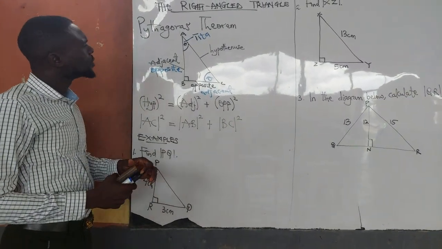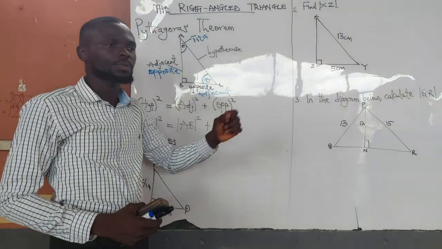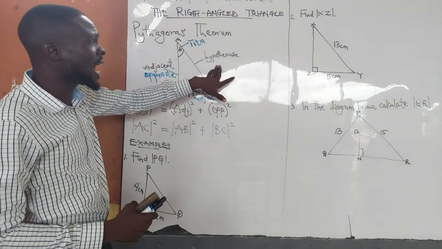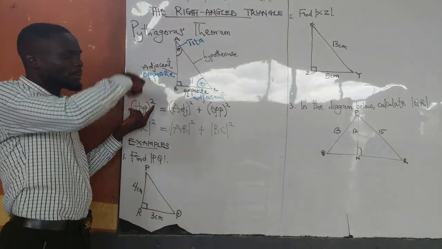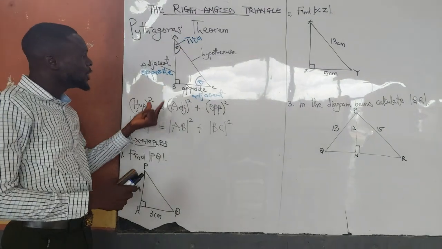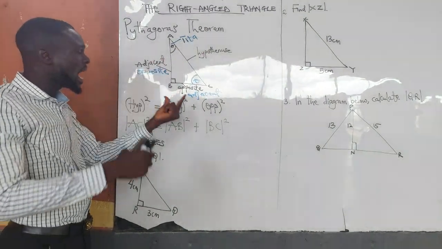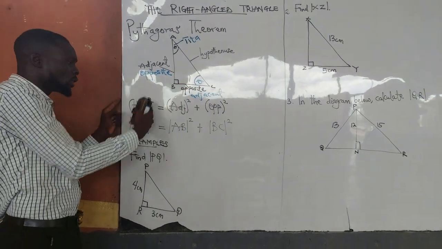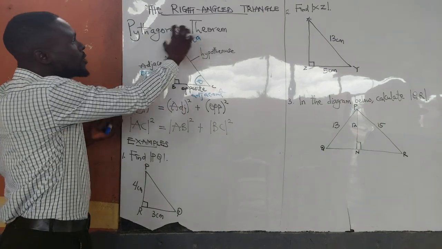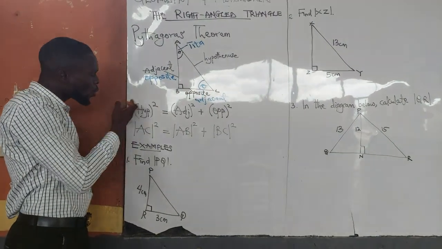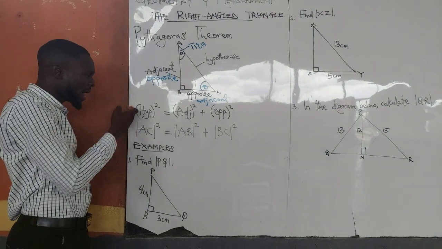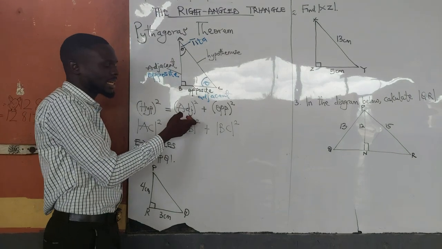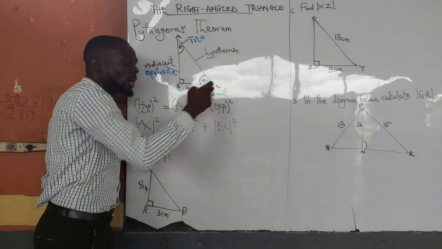Good. Now, this Pythagoras theorem states that if you square the hypotenuse, which is the longest side, and you square the adjacent, and you also square the opposite, putting the two together will give you the hypotenuse squared. So the theorem states that the square on the hypotenuse is equal to the square on the adjacent plus the square on the opposite.